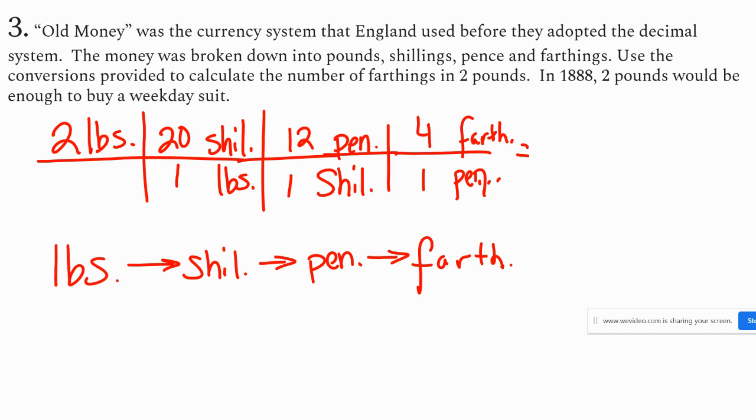So multiply across the top, divide by the bottom. Check that my units have canceled out. I'm left with farthings. And I should end up with how many farthings? 1,920. Yep, 1,920 farthings.